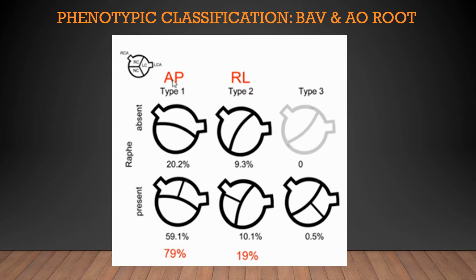If we were to look at the phenotypic classification of bicuspid aortic valve and aortic root, it is pretty explanatory that if you look at type 1, you could have an AP orientation, you could have a right and left orientation, and these numbers vary. 79% of them, as you can see on the right side, are AP, whether the raphe is fused or not, and the right and left are present in 19% of patients.